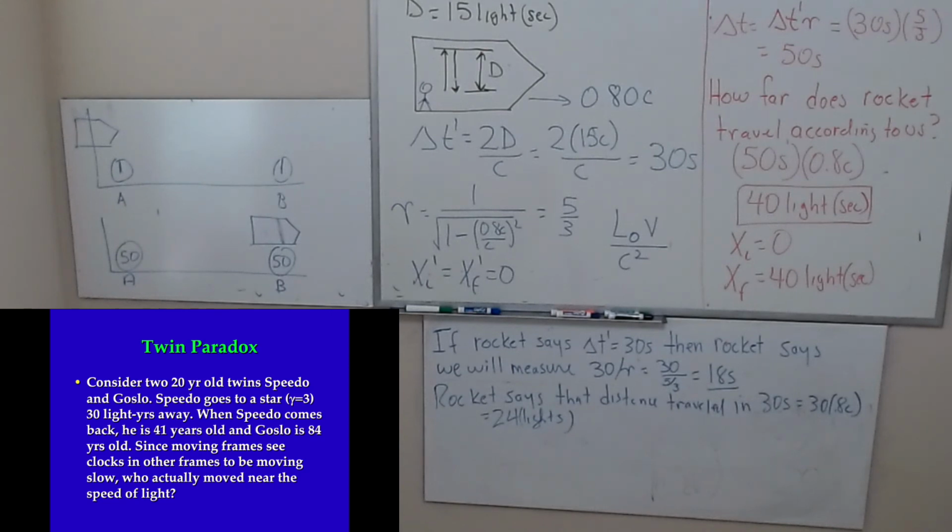And the star is 30 light years away. When Speedo comes back, he is 41 years old, and Go Slow is 84 years old. Since moving frames see clocks in other frames to be moving slow, who is actually the one who moved near the speed of light?